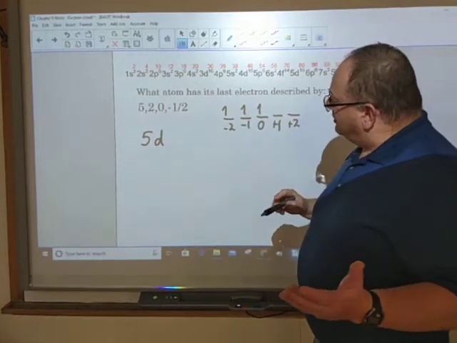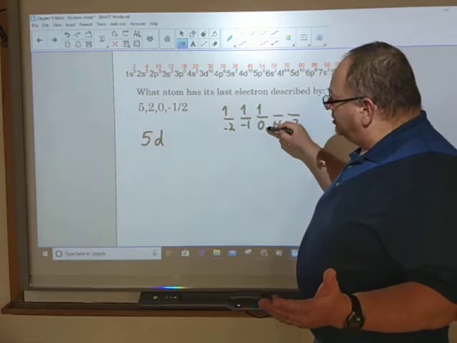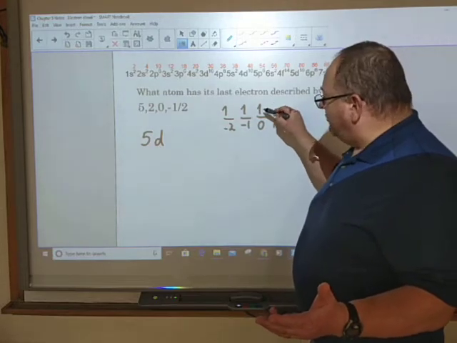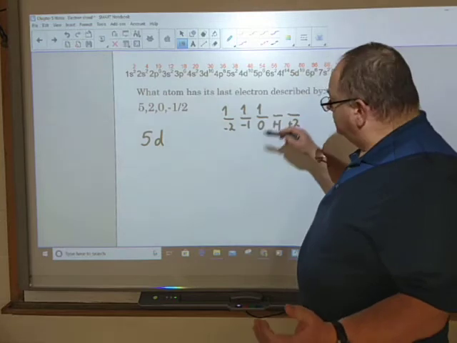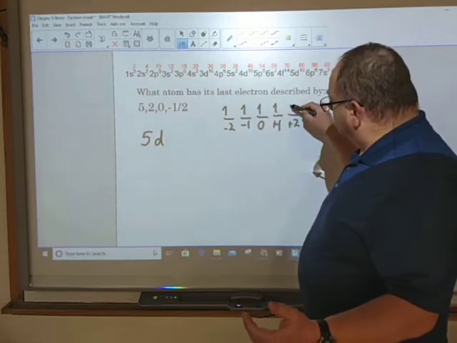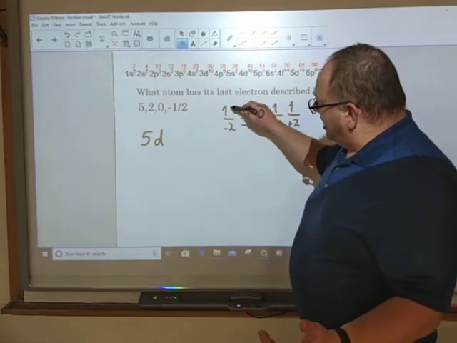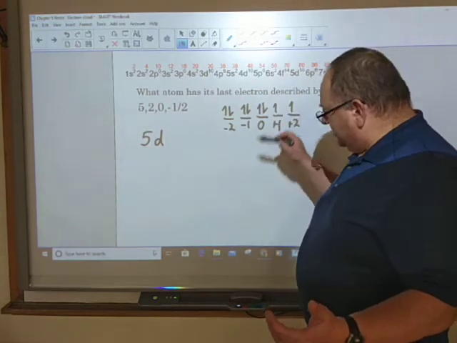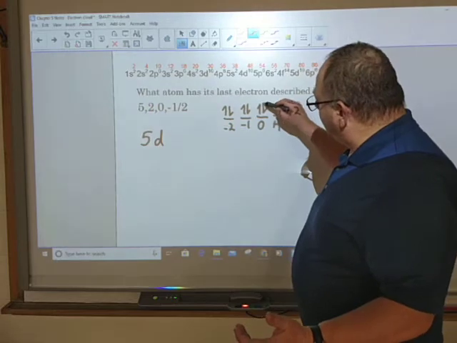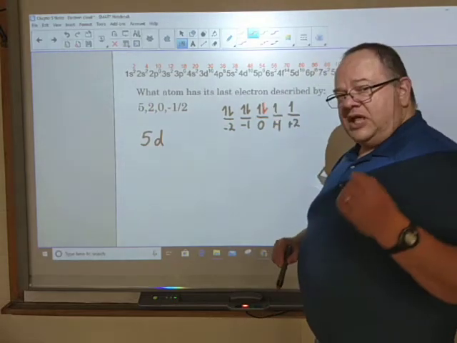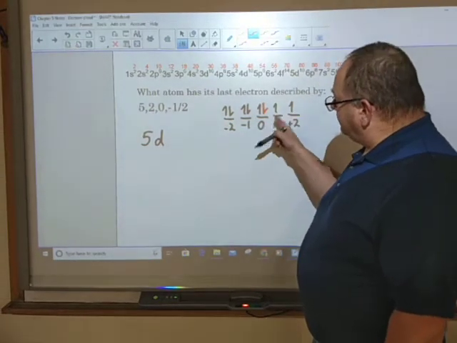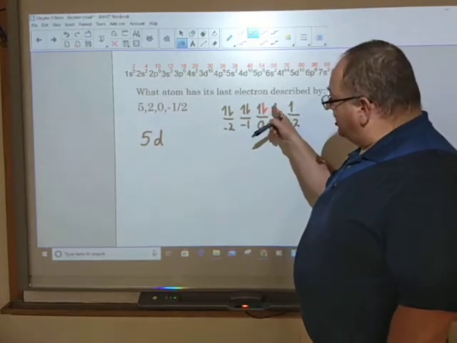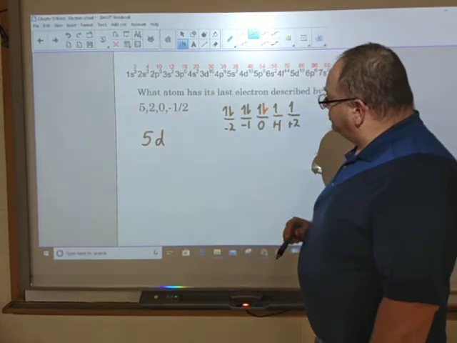We'll stop and look. It's in the right orbital, but that was the first electron that we put in there. So that one has a value of plus 1/2. So we keep going. Start filling up again. That last electron that I drew, you highlight it in red, that last electron is in the zero orbital, and it's a second electron, so it had a minus 1/2 spin.